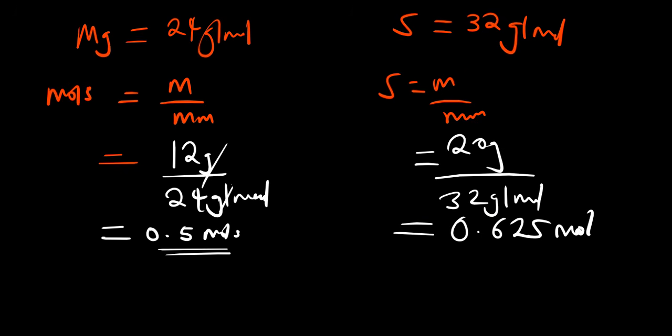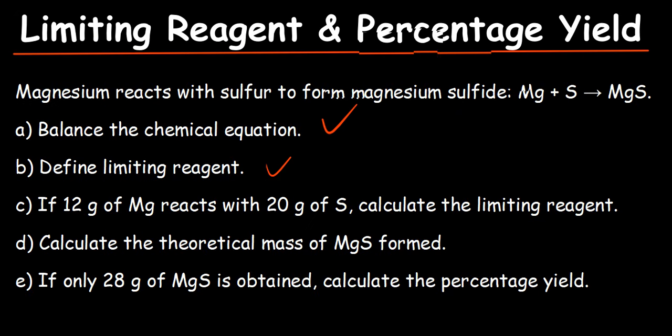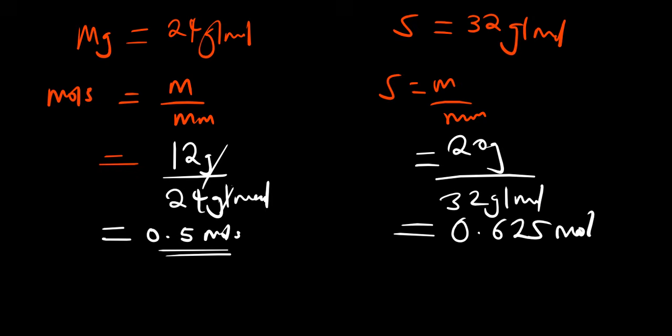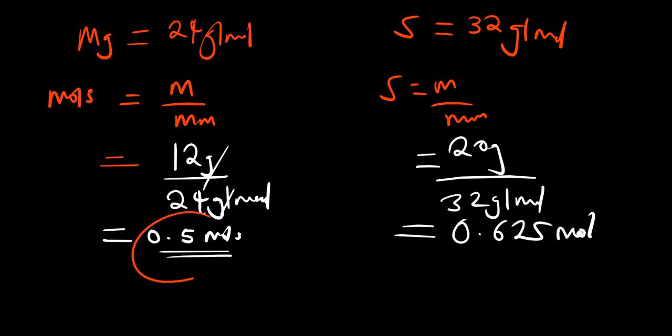From the equation, one mole of magnesium always reacts with one mole of sulfur to produce magnesium sulfide. But when we calculate the number of moles, magnesium is 0.5 and sulfur is 0.625. So we see that magnesium is going to finish first before the other one. So in this case, magnesium is the limiting reagent.